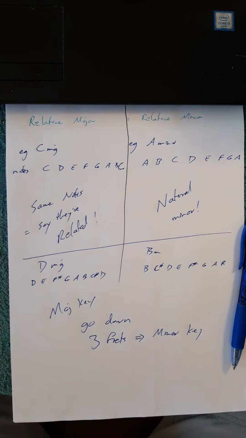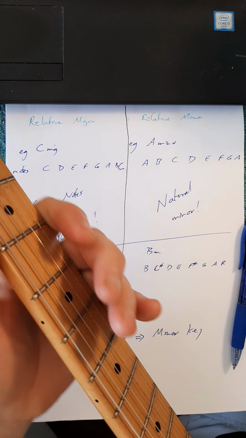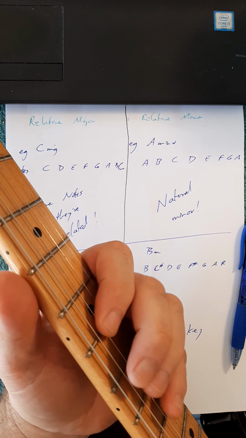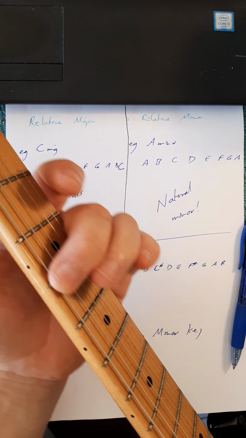So for example, I'm working practically on the guitar now. I've got C over here, and I play my major. And I go down from there, 1, 2, 3, there's my minor.